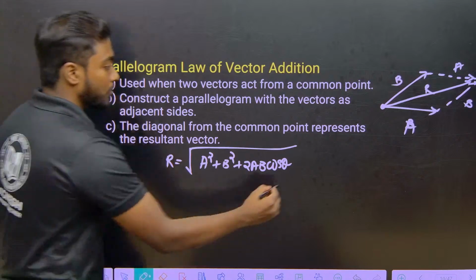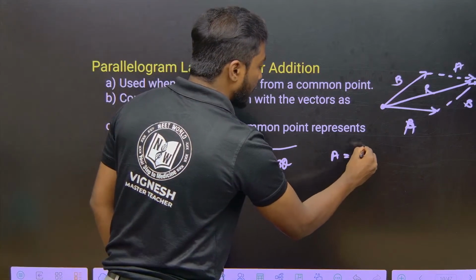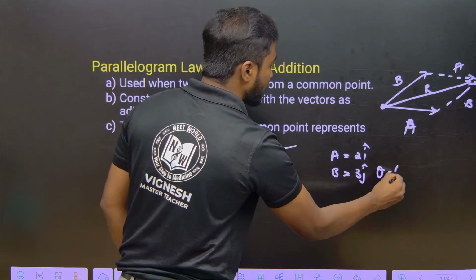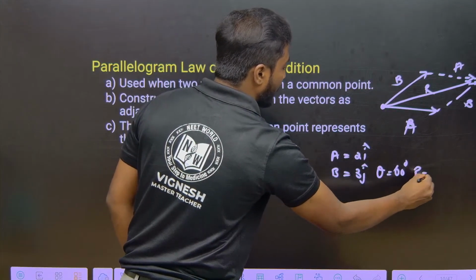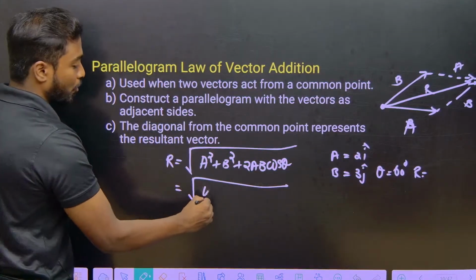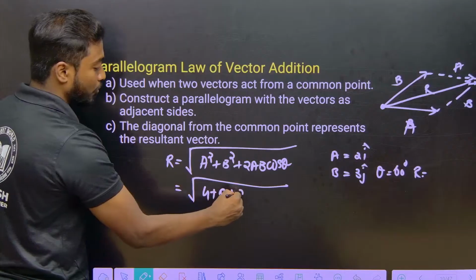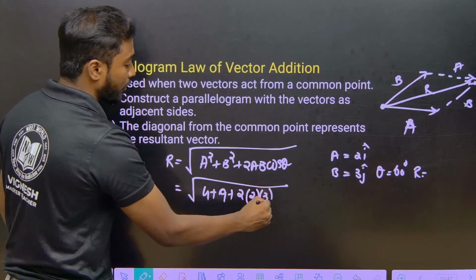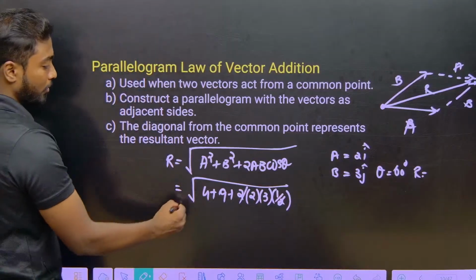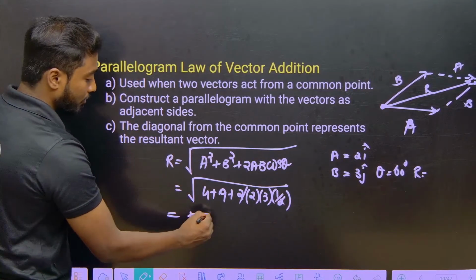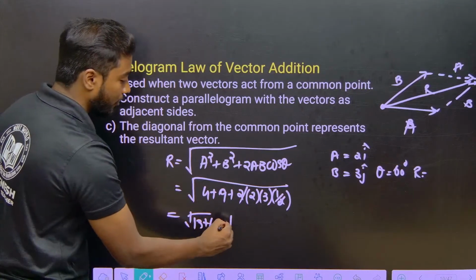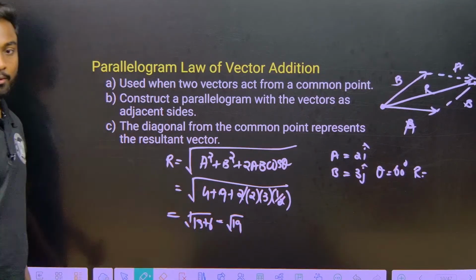So I get under root of 4 plus 9 plus 2 times 2, 3 and 1 by 2. The 2 will get cancelled out, so it is 13 plus 6, which is nothing but root 19.